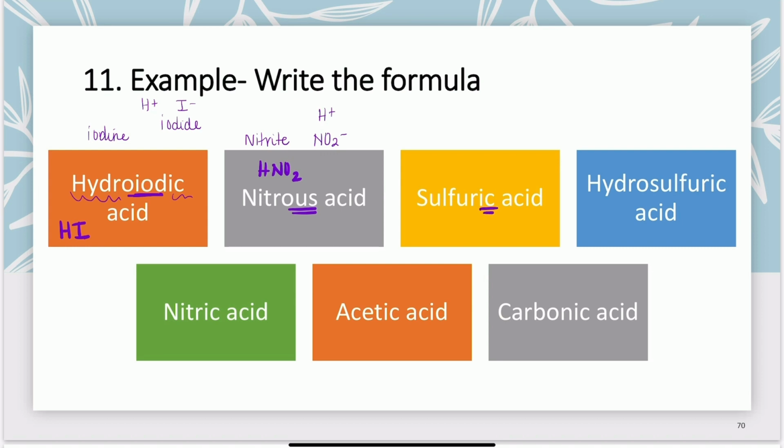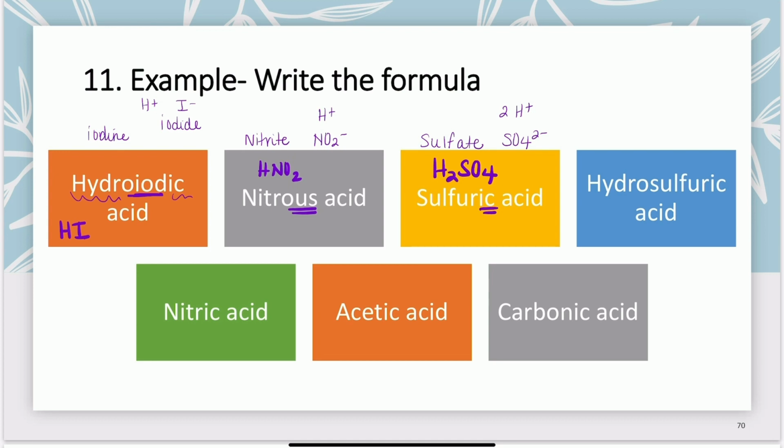Sulfuric acid. Ic, no hydro in front, just ic, comes from ate. That means I had sulfate. Sulfate, SO4 2 minus, so I need 2 protons to make this neutral. H2SO4.